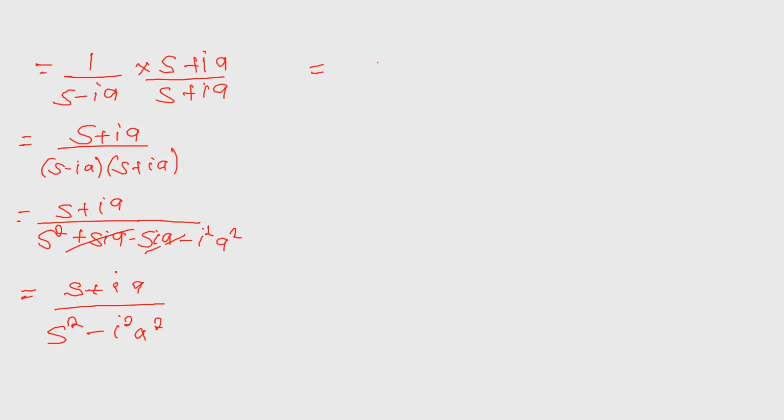And don't forget that i squared is the same as minus 1 in complex numbers, so s plus ia over s squared, then plus a squared.